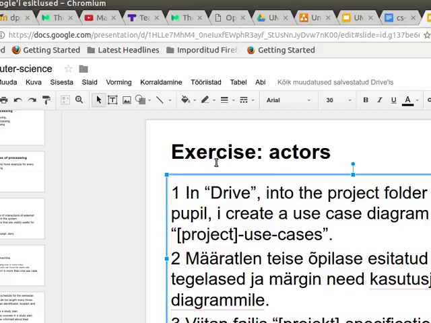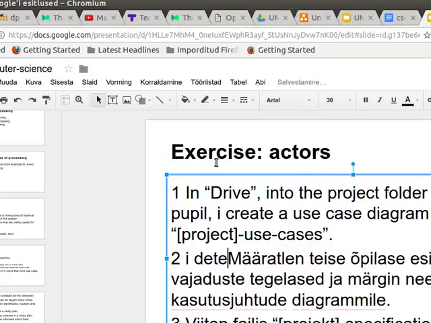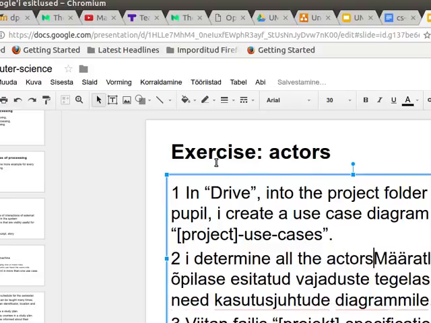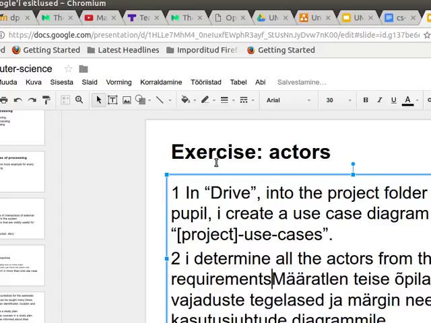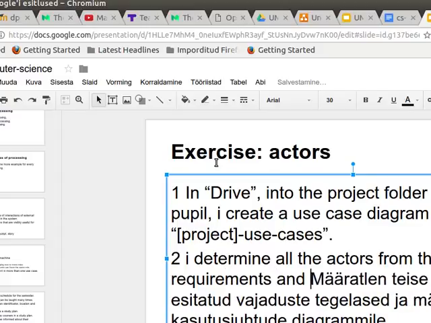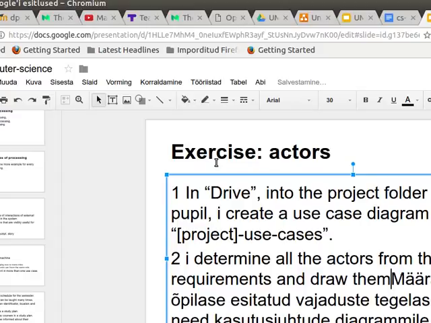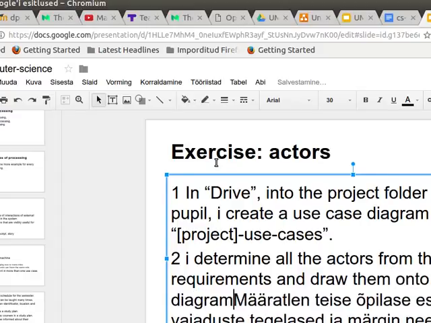This is the first part. The second part, I determine all the actors from the requirements and draw them onto the diagram.